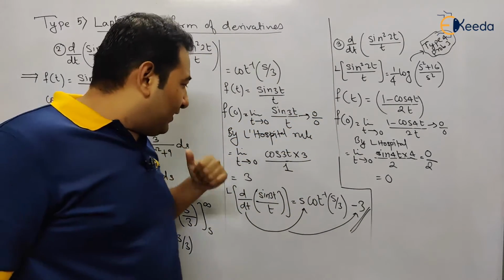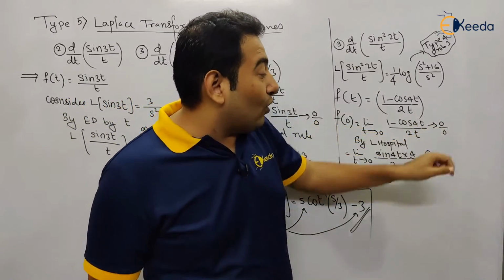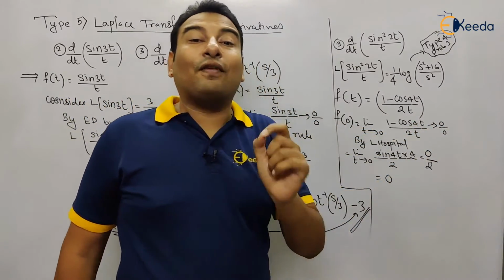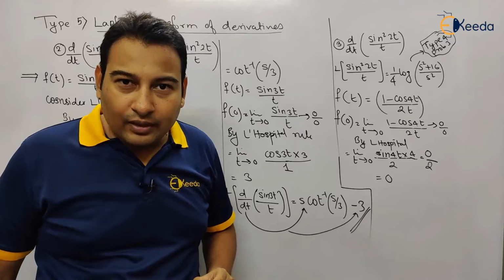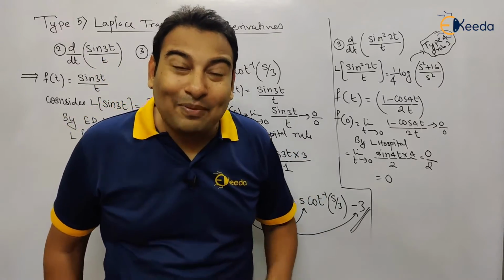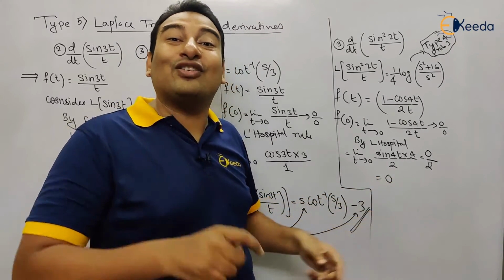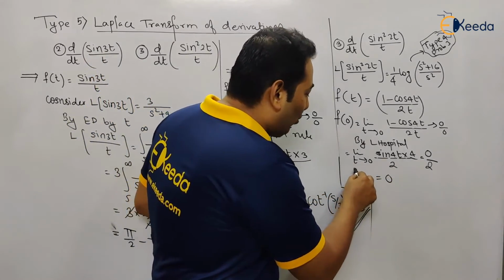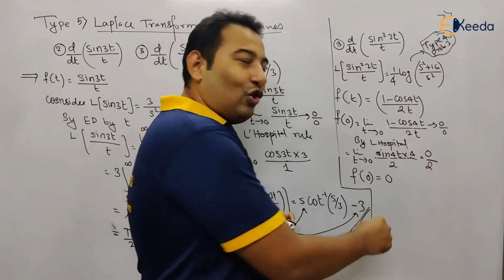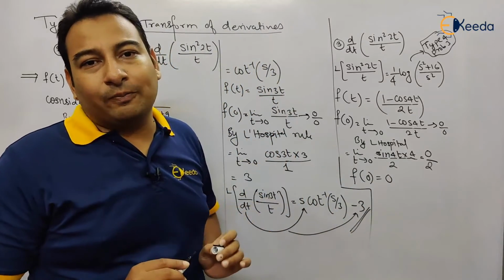In the last video also we discussed that. But friends, 0 is a finite result. 0 by 0 is indeterminate, but if you get only 0, 0 is a finite result. So this is finite and acceptable. No need to go ahead with L'Hospital. This is a 0 result and it is acceptable to us.